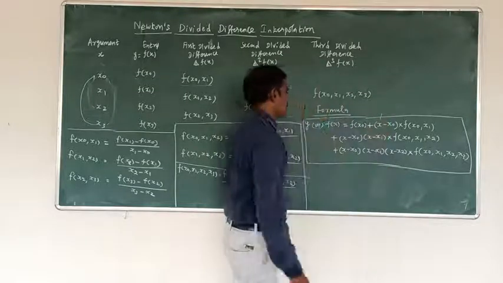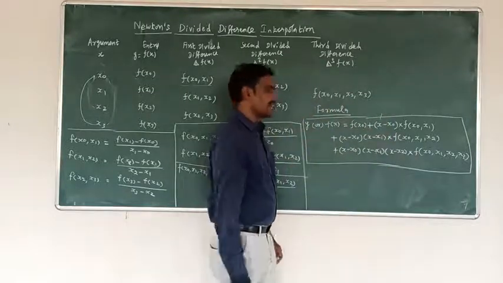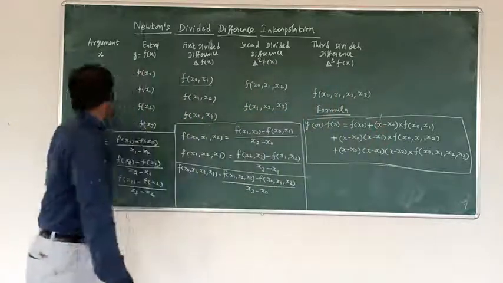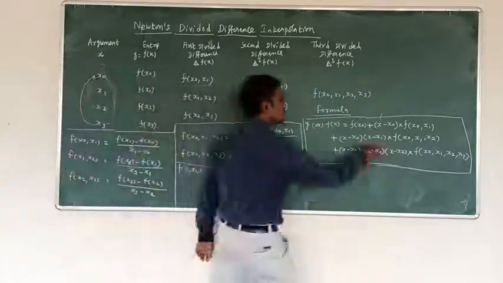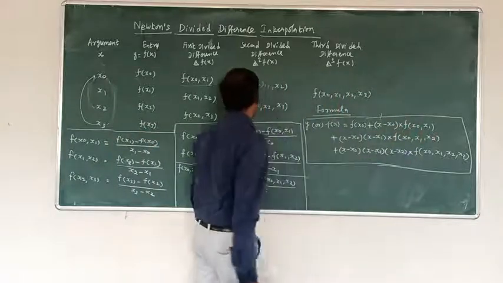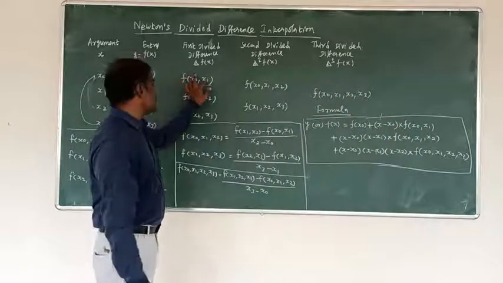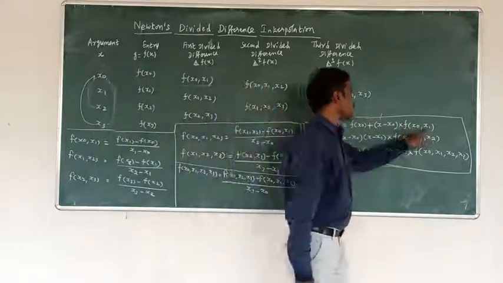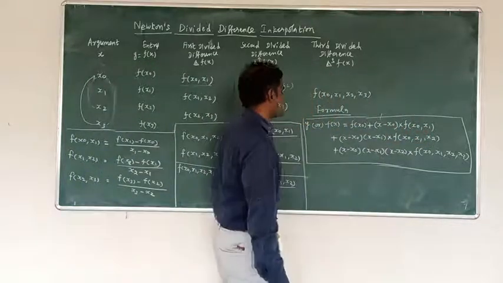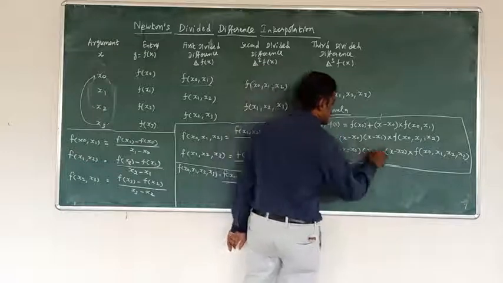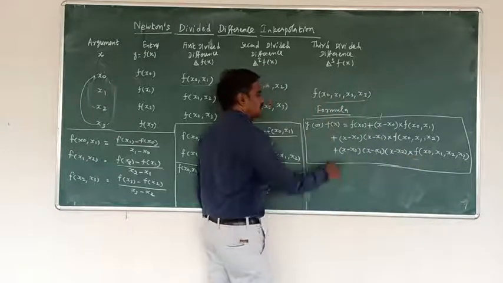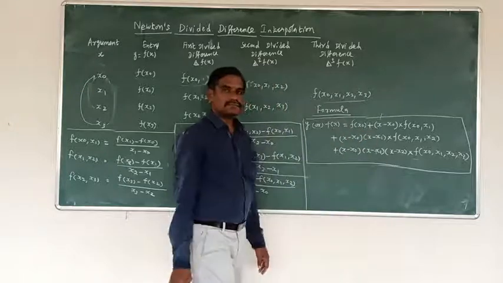Now to find out the corresponding y value, we have to substitute here x minus x0 value, into f of x0 comma x1. This is the first divided difference result. Same thing, we have to extend the formula.